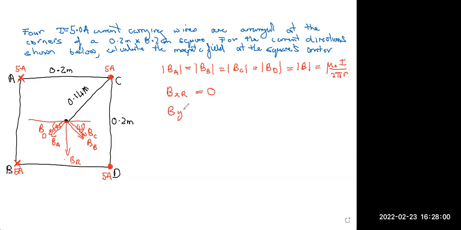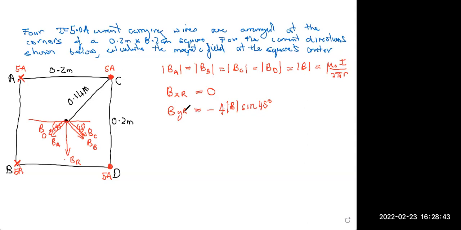The magnetic field downwards, and I know it's downwards from my picture, so I'm just going to put the minus sign in by hand. That magnetic field downwards is the strength of the field due to one wire times sine of 45 degrees to find its vertical component, times 4, because there are 4 wires creating 4 downward components of the fields.